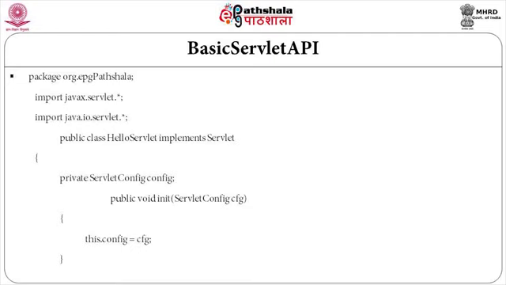Let us keep that as our package name. We will need import statements: an import for javax.servlet.*, and another import for java.io.*, because we will be using the streams. That should be the import statements, and then we can begin with our class definition.